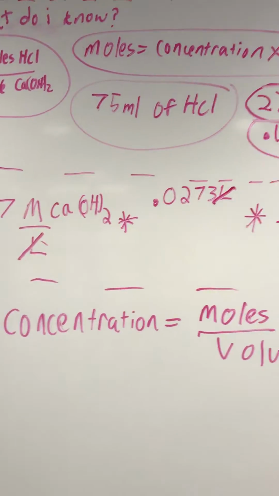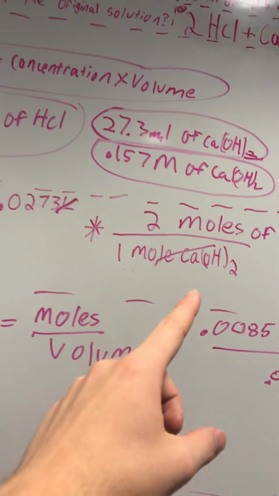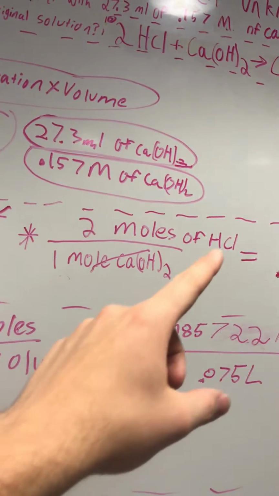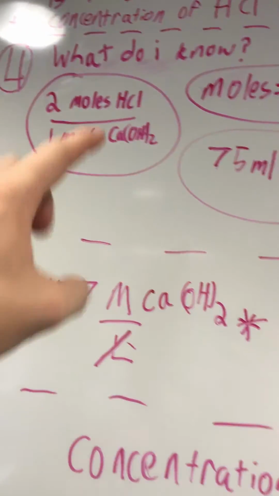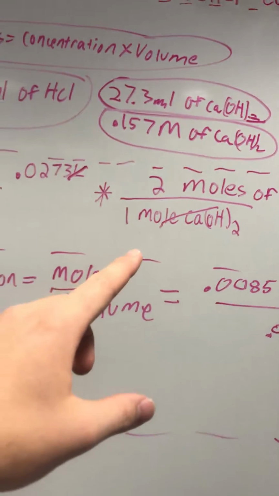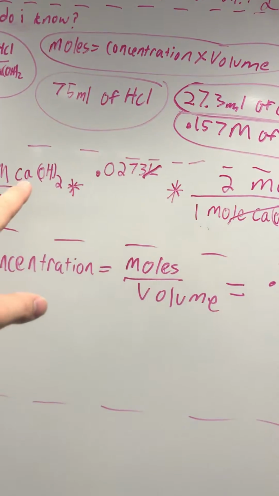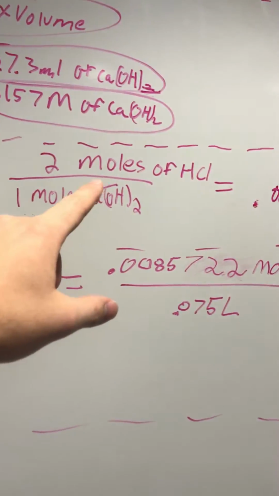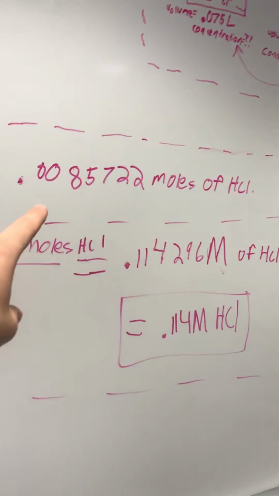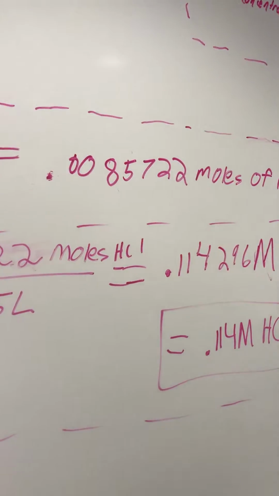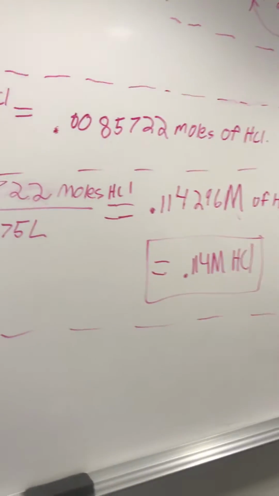Now that you have those moles, you can convert the moles of Ca(OH)2 into the moles of HCl. Remember, by this conversion factor. The units will cancel out, moles of Ca(OH)2, and you'll be left with moles of HCl, or in this case, 0.0085722 moles of HCl. Simple.